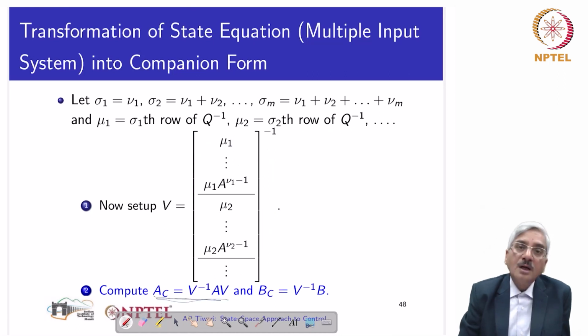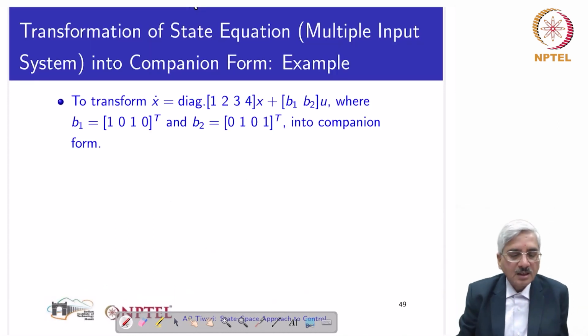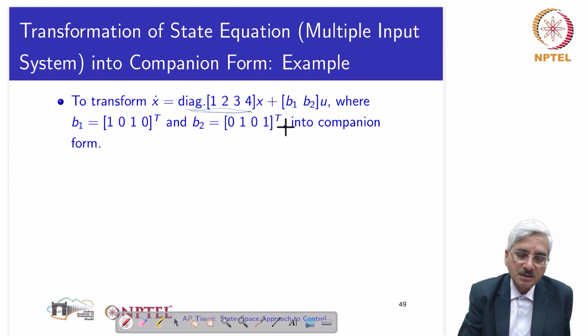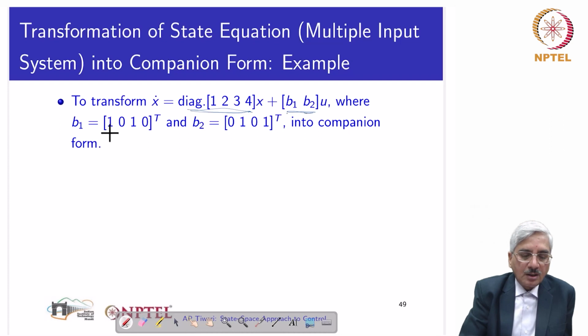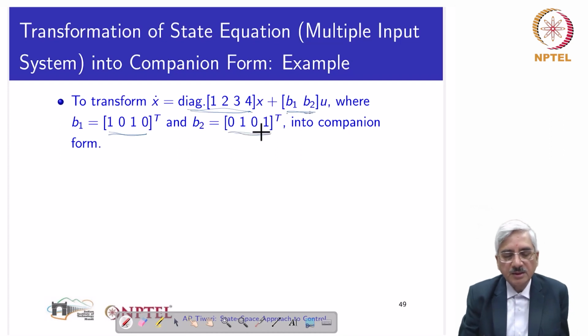And the rest is simple. The companion form system will be obtained by pre-multiplying A with V inverse, post-multiplying by V, and BC will be obtained by pre-multiplying B with V inverse. Let us consider an example. We have a system x dot equal to AX plus BU, where A is a diagonal matrix containing diagonal entries as 1, 2, 3, 4, and the two inputs: the column corresponding to the first input is 1, 0, 1, 0, and the column corresponding to the second input is 0, 1, 0, 1.